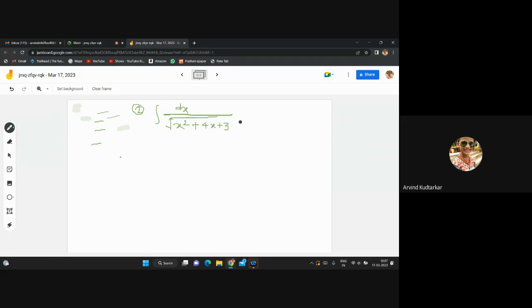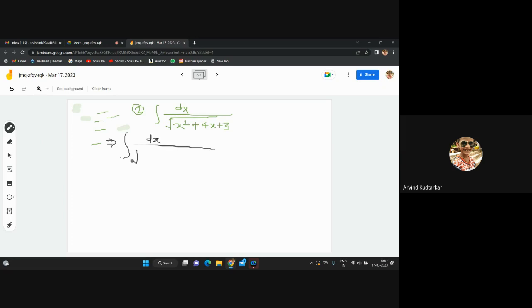So which type of results can we apply here? Before that, we have to express the polynomial in the form of perfect square. So what is there in perfect square? That is equal to integration of dx upon, so how can you write this polynomial in perfect square?